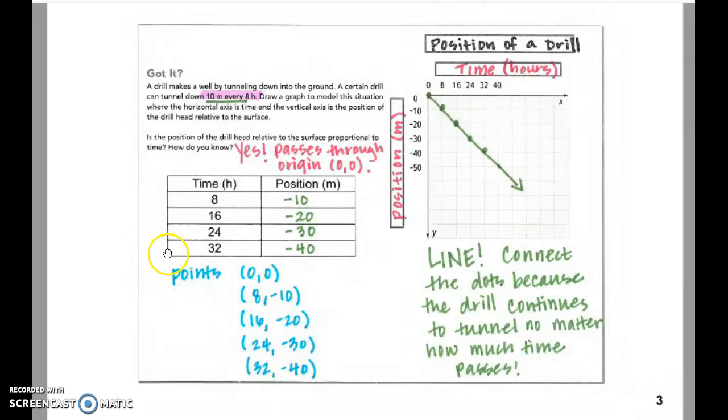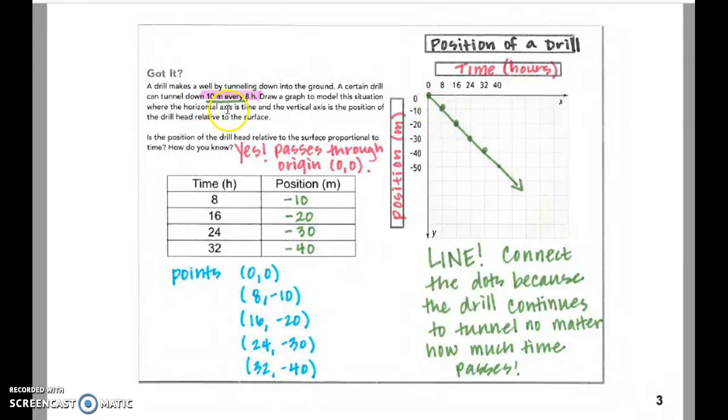You should be able to tell me right off the bat it's going to go through 0, 0, because I can't drill into the ground if we're not drilling. You're not getting any depth unless you start drilling. So it goes through 0, 0, obviously, and then 8, -10, 16, -20, etc. Come over here and graph those points. You get to connect the dots again because the drill continues to tunnel down into the ground no matter how much time is passing.